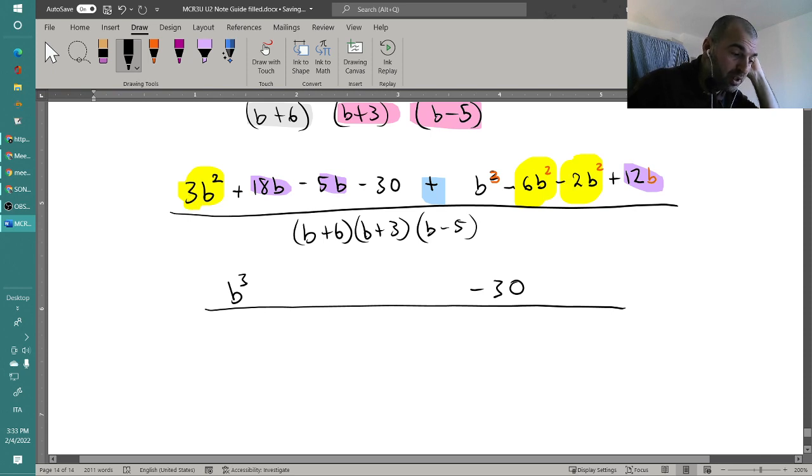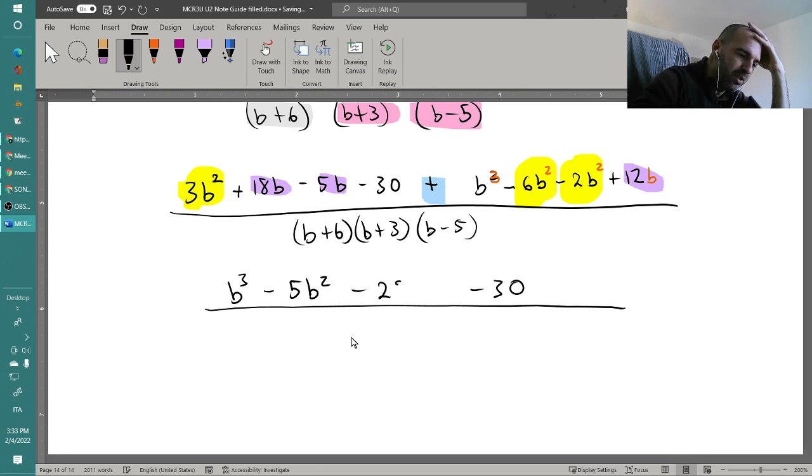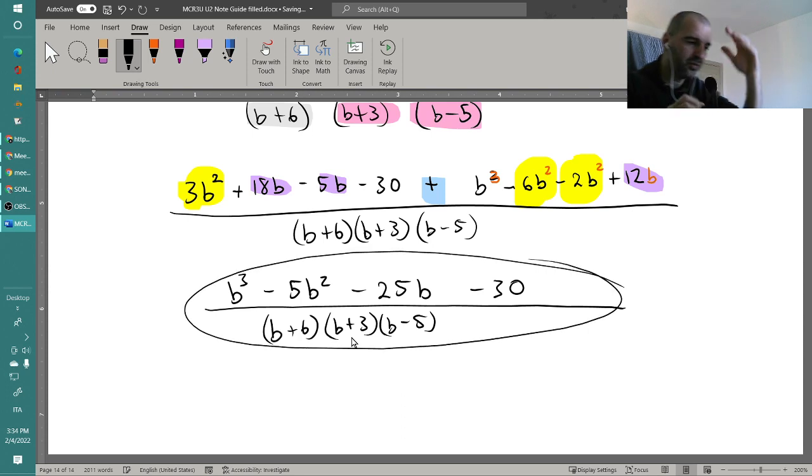Add 3 to it, minus 5b squared. 18 plus 12 is 30, so 25 minus 25b. And this, I could multiply the bottom as well, but honestly it's not that big of a deal. We can leave it like this, all right? This is okay as well, all right?